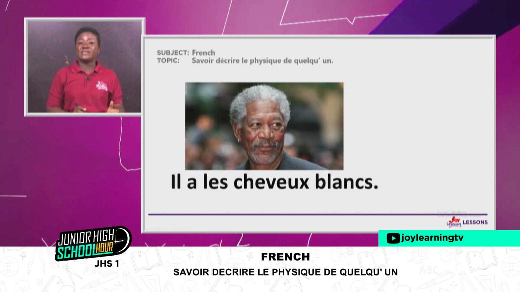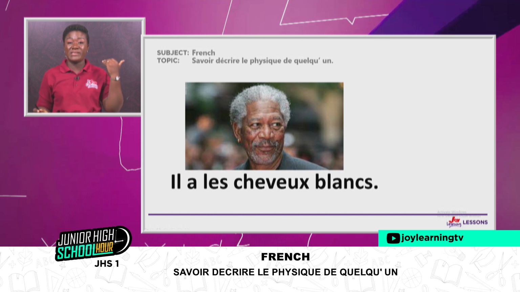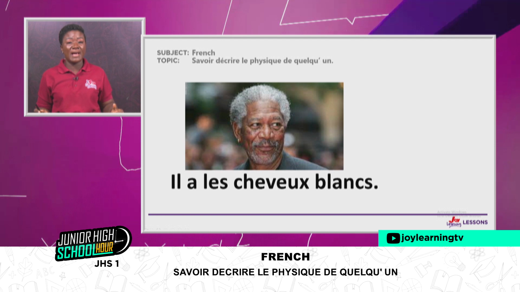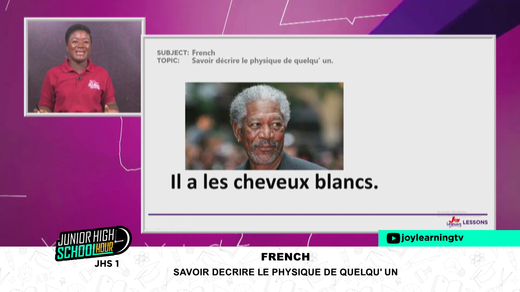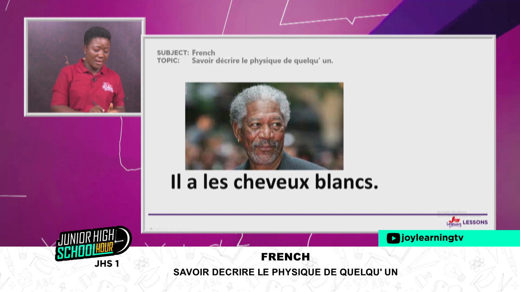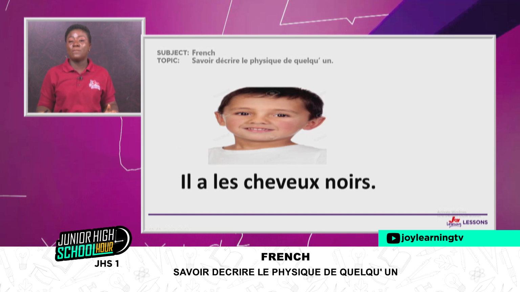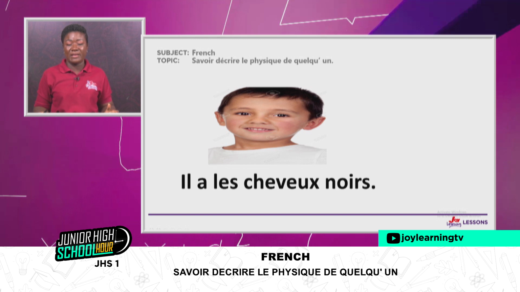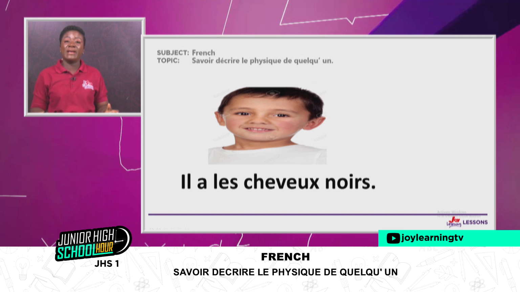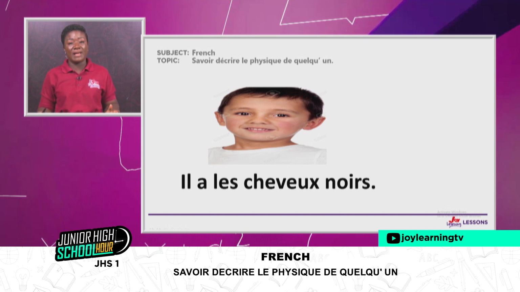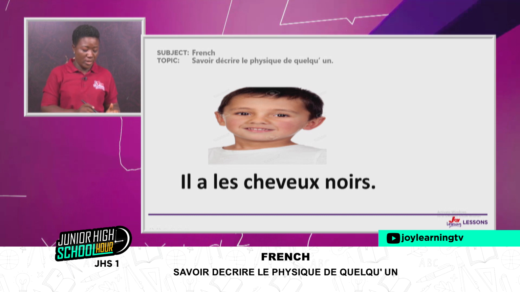If the person has gray hair or white hair, we saw it as il ou elle a les cheveux gris. Then we saw black colored hair as il ou elle a les cheveux noirs.